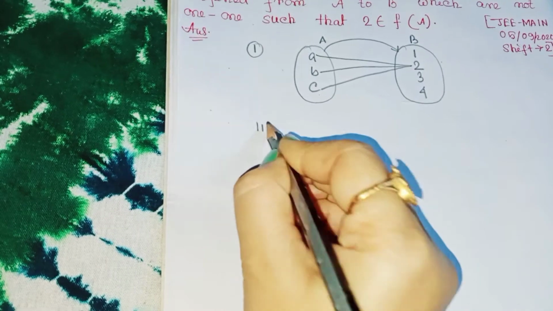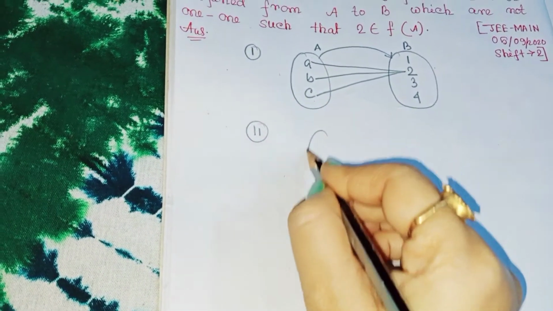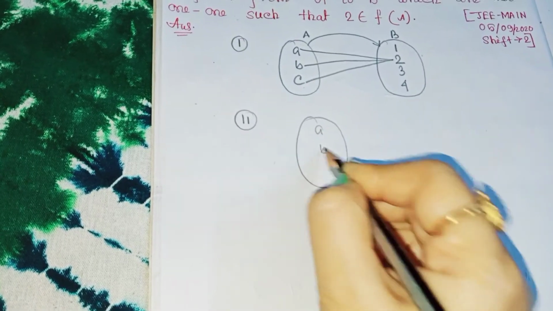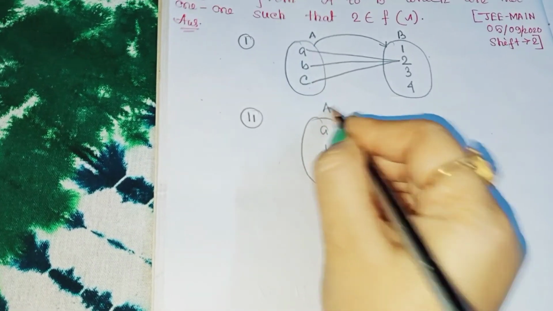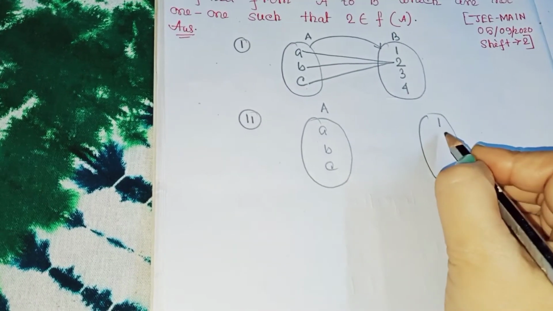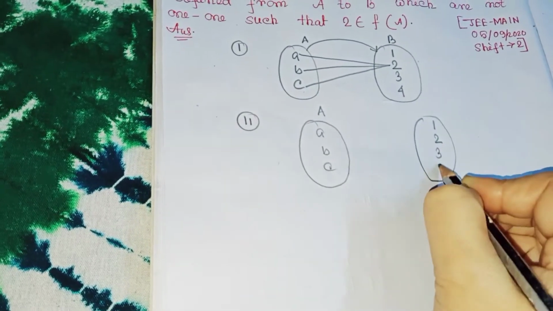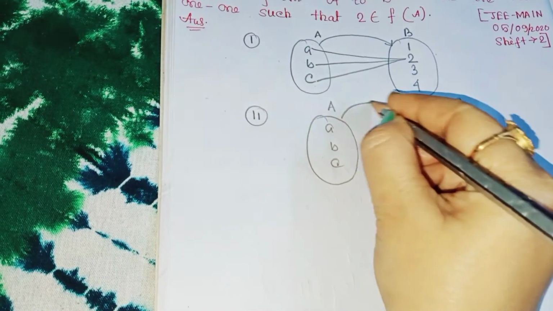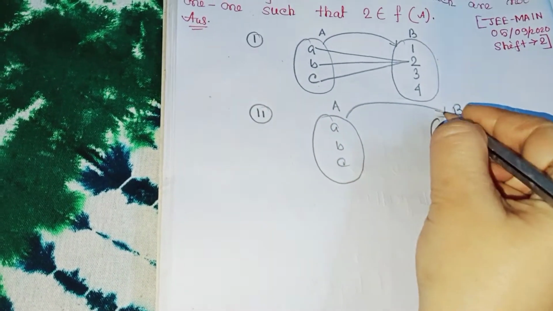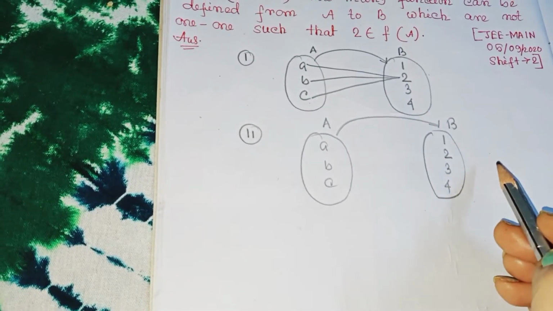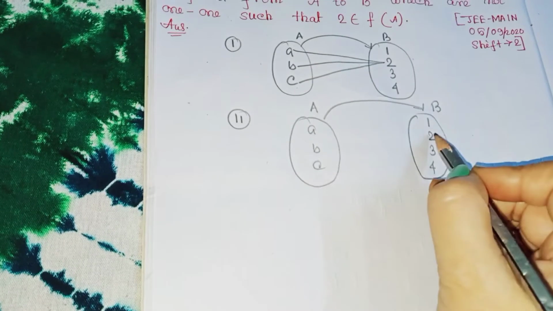Another option arises here. If this is a set a, b, c, the set name is A, and another set is 1, 2, 3, 4, these are the elements and that is B. It also maps A to B. We need many-one functions as well as 2.